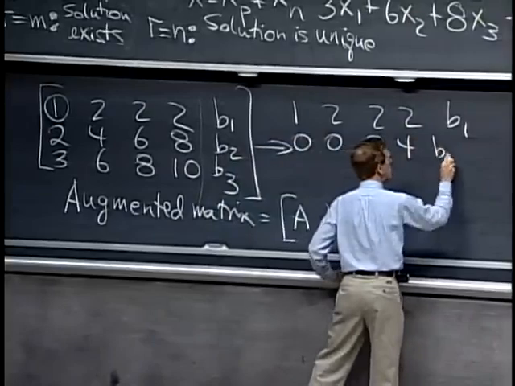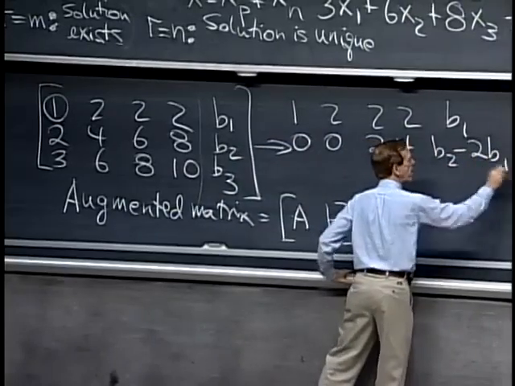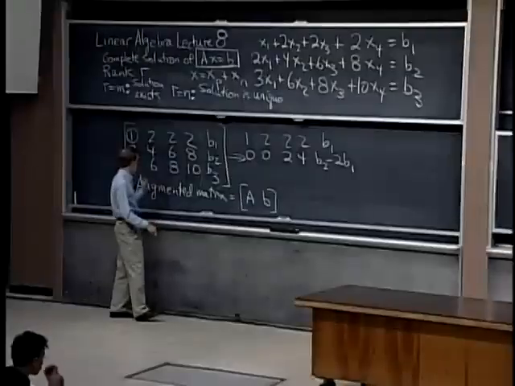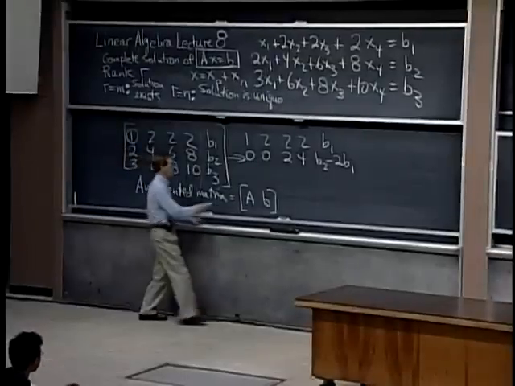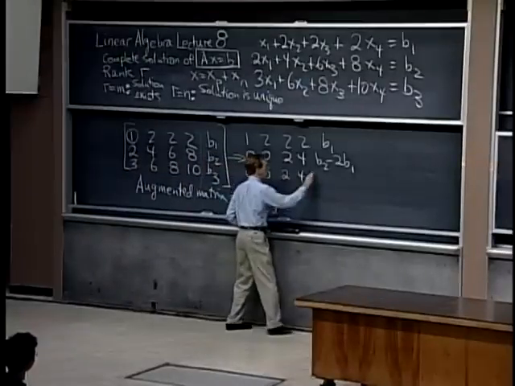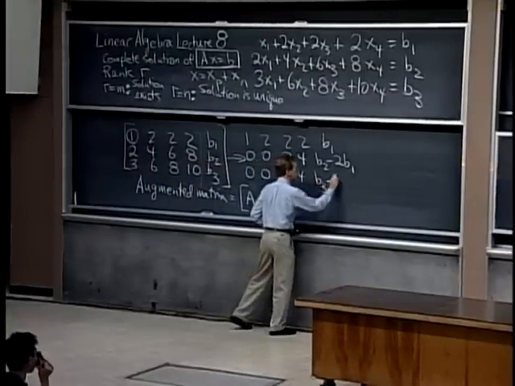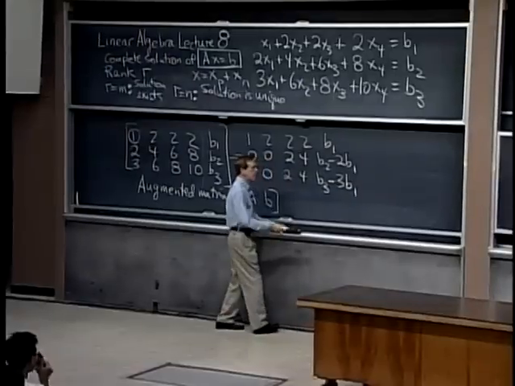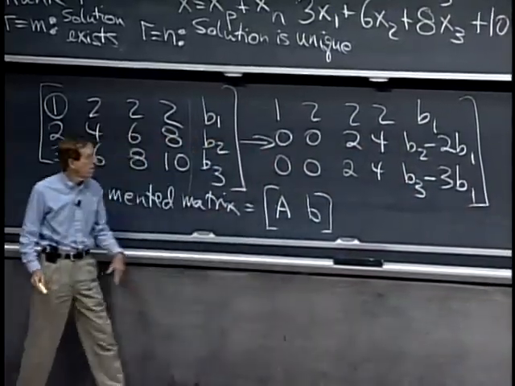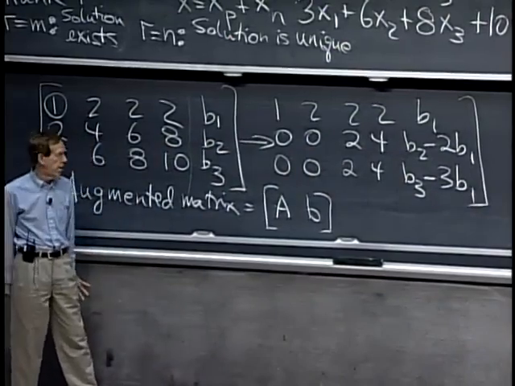And that was b2 minus 2b1. I have to do the same thing to that last column. And then 3 of these away from this gave me 0, 0, 2, 4, b3 minus 3b1. So that's elimination with the first column completed.